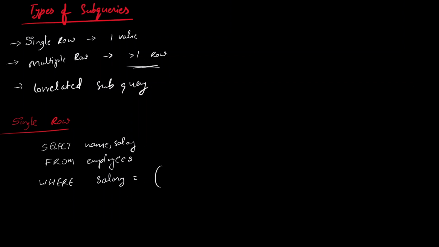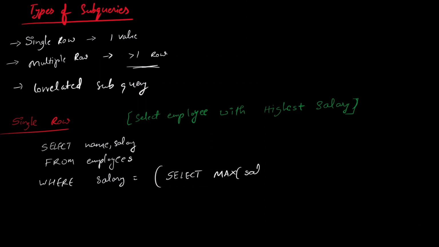Our goal for this example is to select the employee with the highest salary. In order to do that, we need to get the salary which is maximum in the salary column. So we use a subquery in which we select the maximum salary from employees. So select max function, maximum of salary.